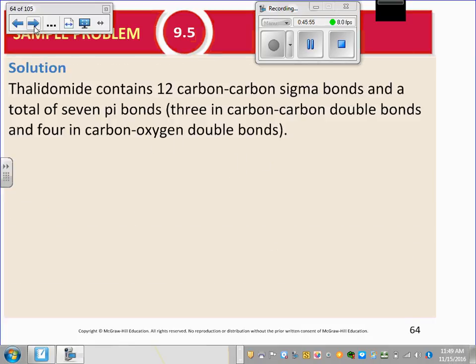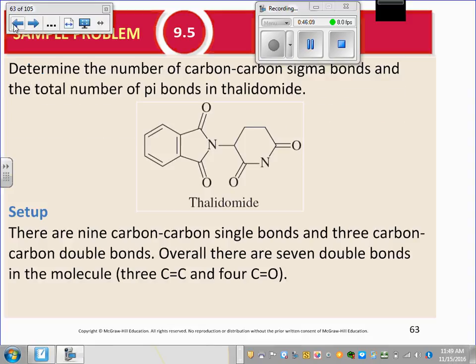Well, carbon-carbon sigma bonds in total, because if we go back, there's 3 carbon-carbon double bonds there. Out of the 7, 3 are carbon-carbon double bonds, 4 are carbon-oxygen double bonds.